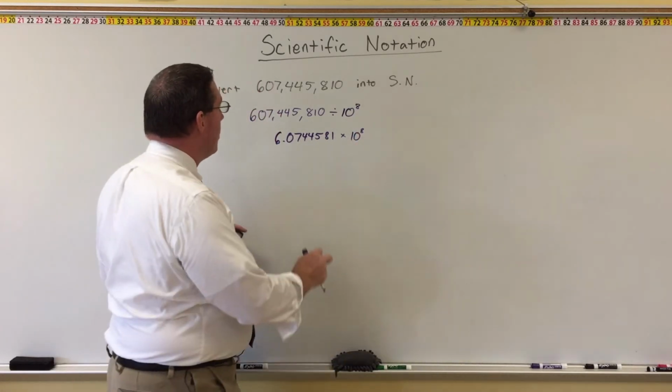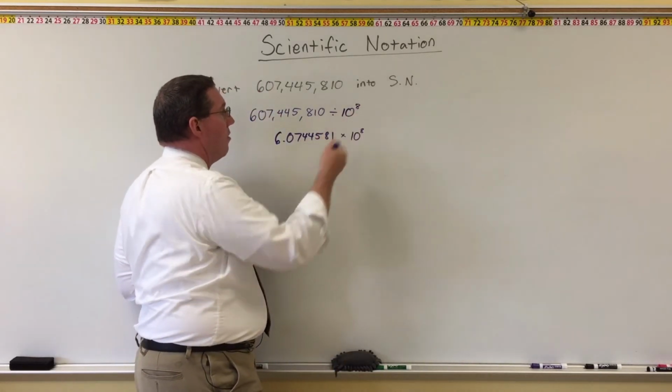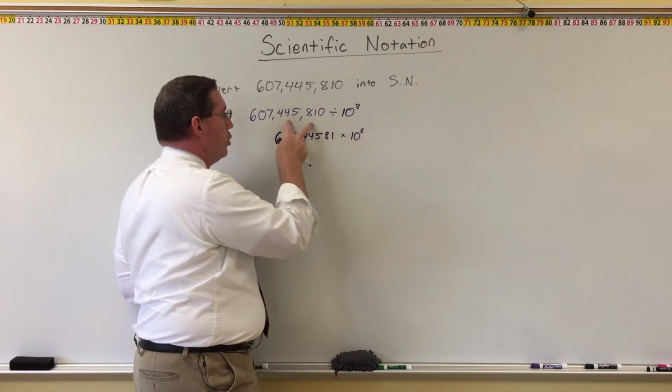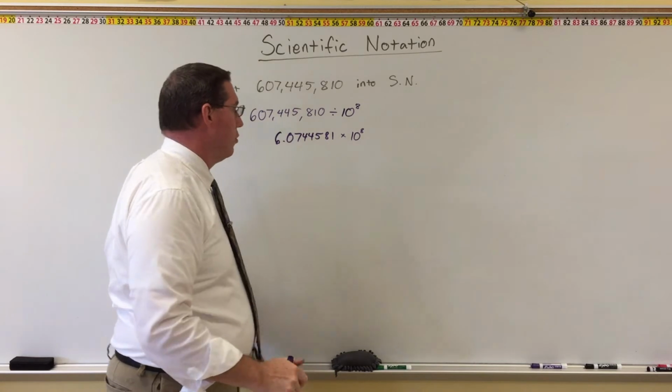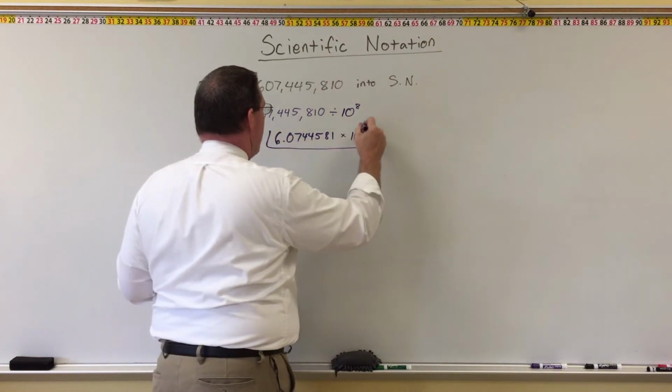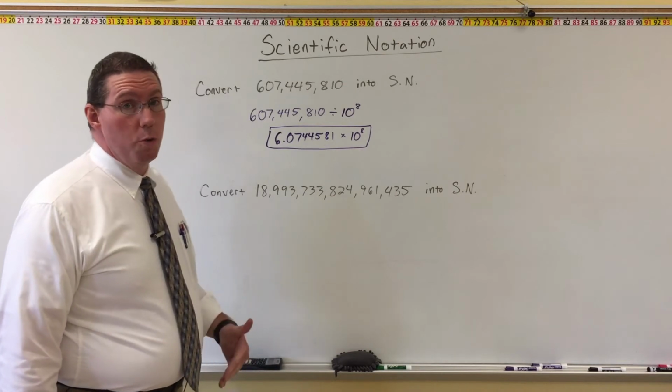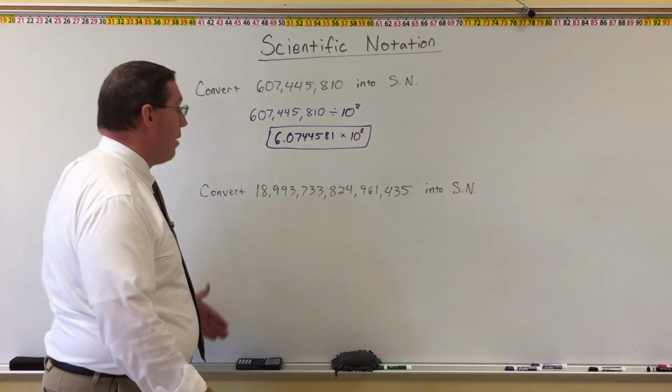Okay, which makes sense because we divided by 10 to the 8th power. Now if we multiply by 10 to the 8th power, it should put us back to the original number. And so there is the answer. All right, now I'm going to show you a situation where you can't really use the calculator method.